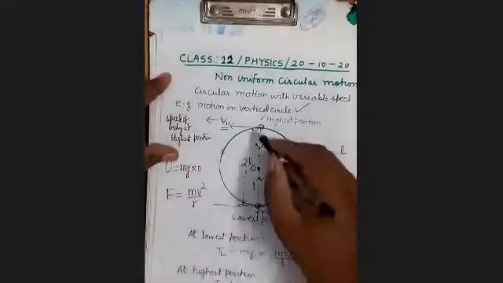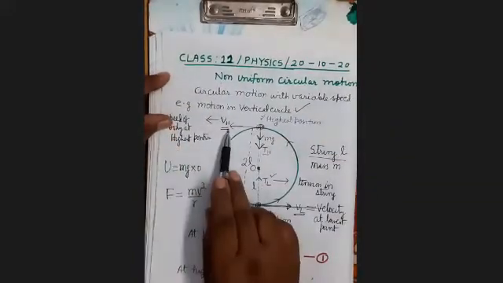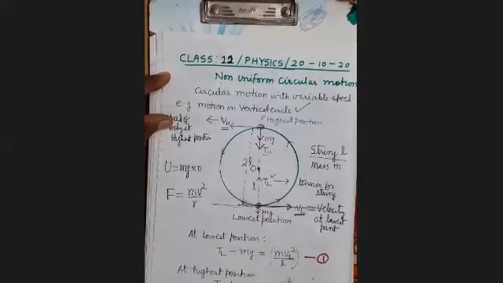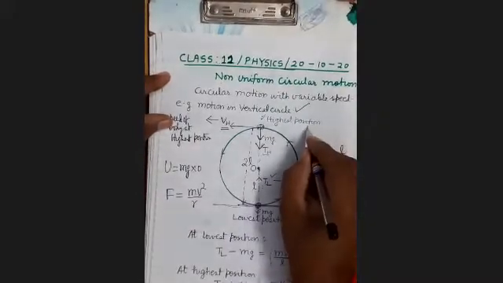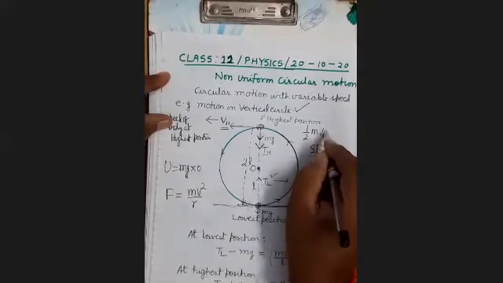What is the kinetic energy here at the highest point? Speed is VH, so kinetic energy will be 1 upon 2 m into VH square.